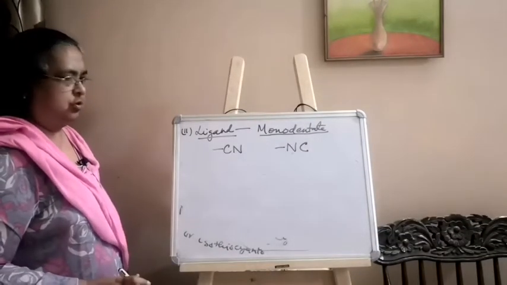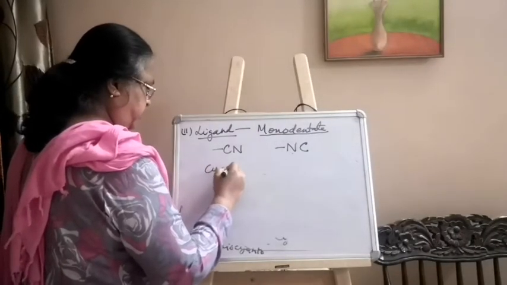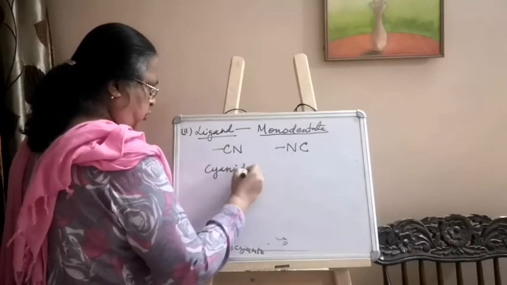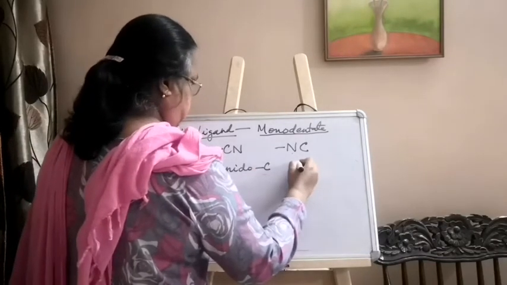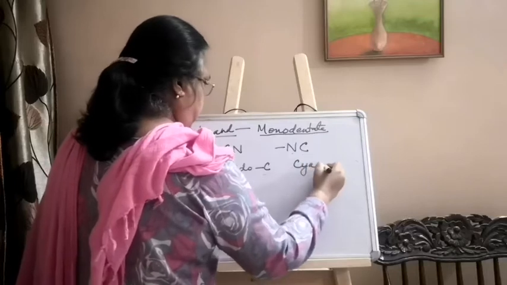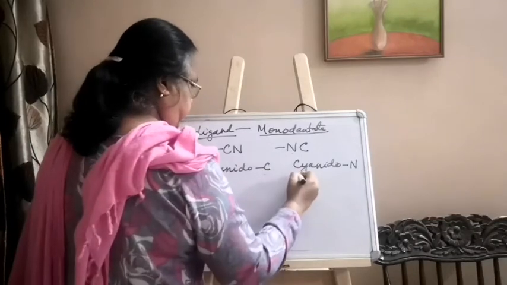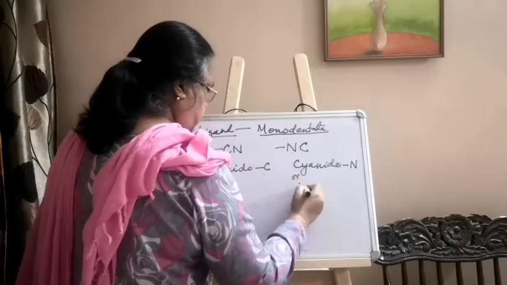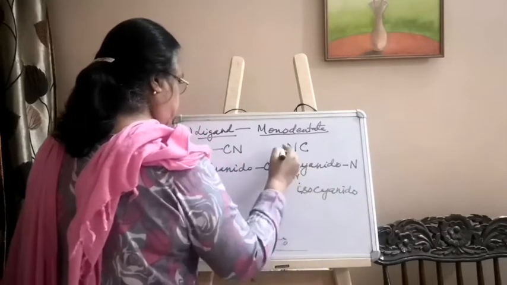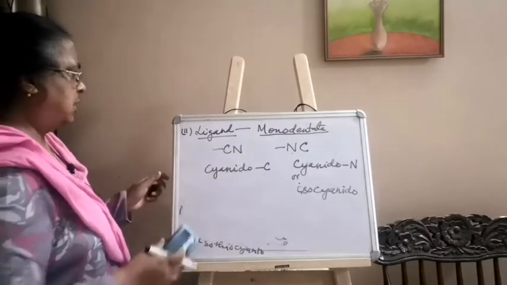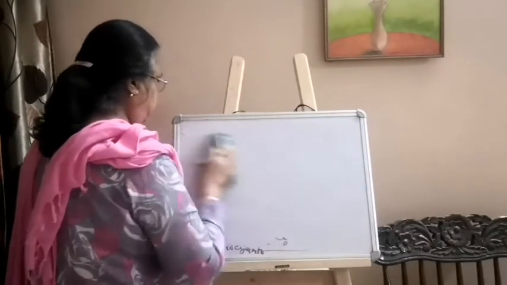If you write cyanido, with a small c, the bond is with the carbon, and here it is cyanido-N, or simply you write it with a small i, isocyanido. So when you write iso, it is understood the bond is through nitrogen. This is some precaution you have to take when you write down the name. So this is one thing about ligands.